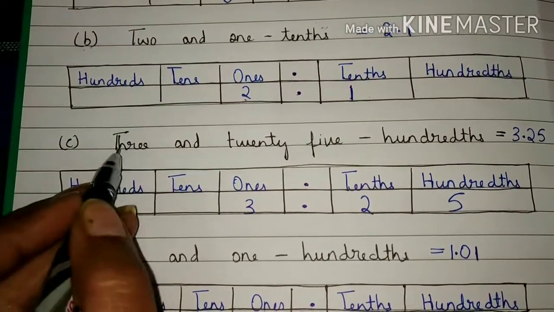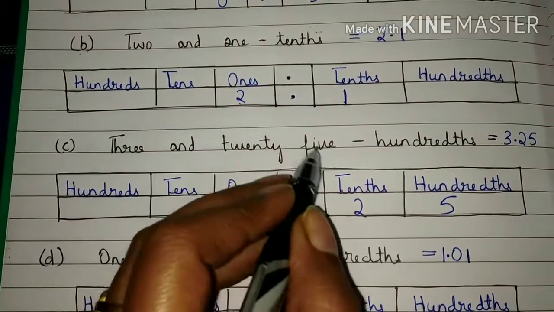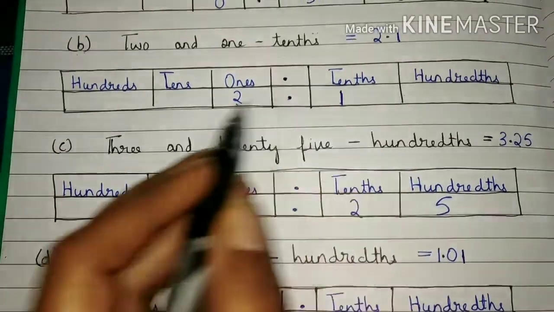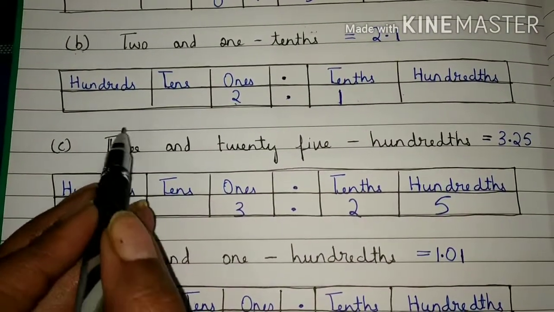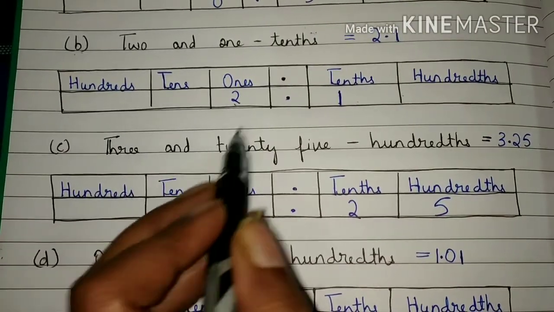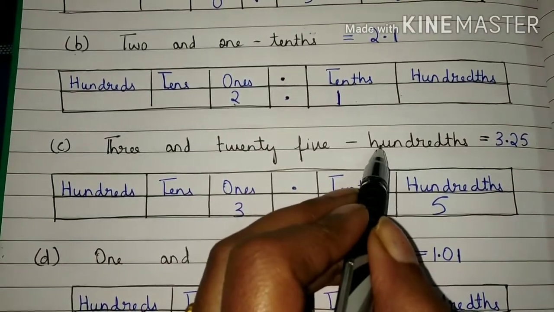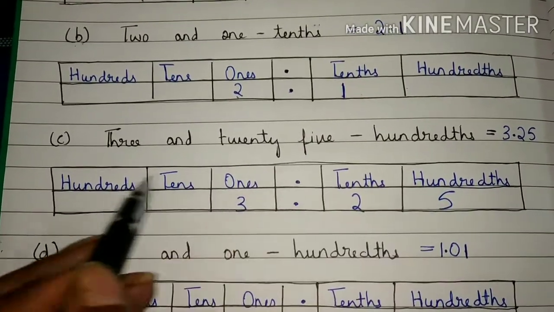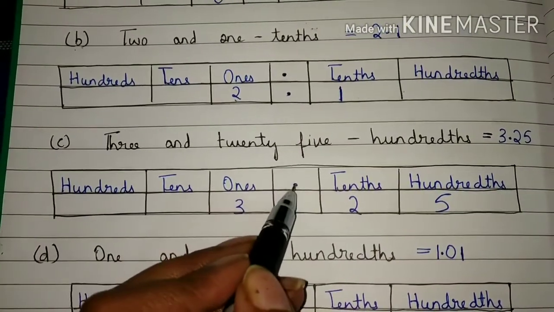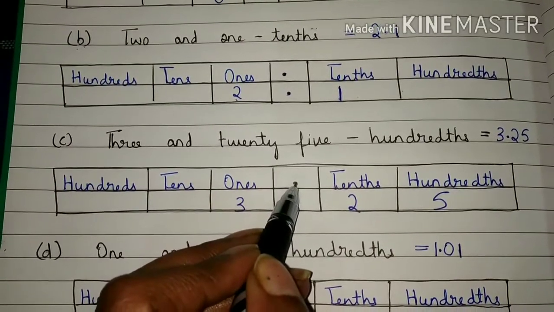Students, now come to C part. Question is 3 and 25 hundredth. Students, you are going to write number in decimal form for 3 and 25 hundredth. Students, first of all, you will draw place value chart like this. In the middle, you will put a decimal point.